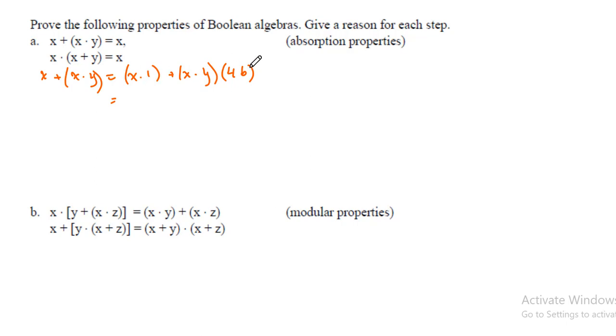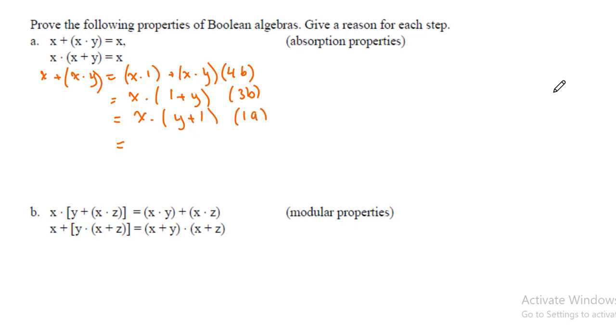So how to get here? We have x dot 1 plus x dot y, using the distribution property, which is 3b. We end up here, and what I could do is the commutative property, y plus 1, which is 1a.